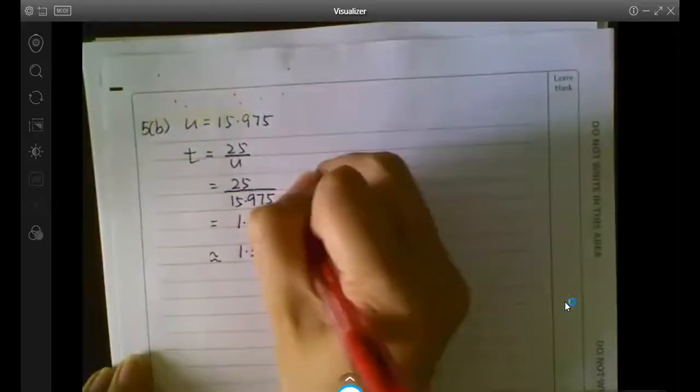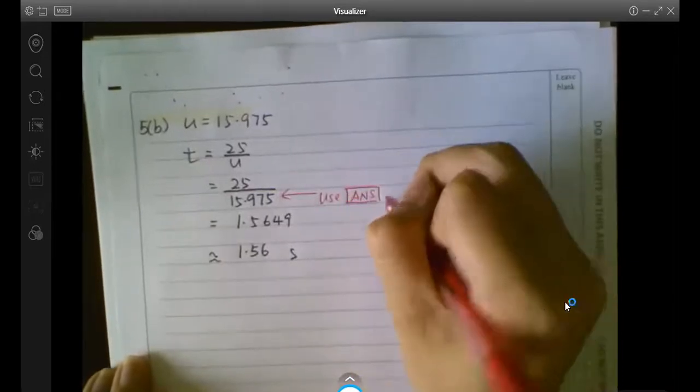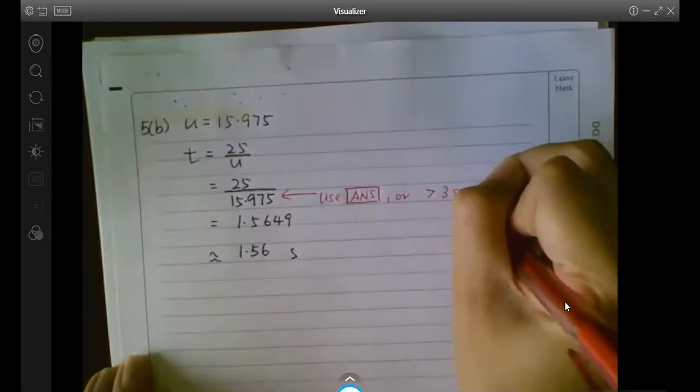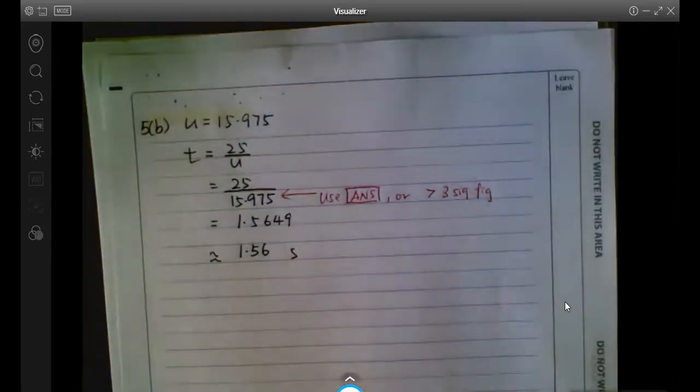You should use the calculator value or the answer button, 15.975, for your working.